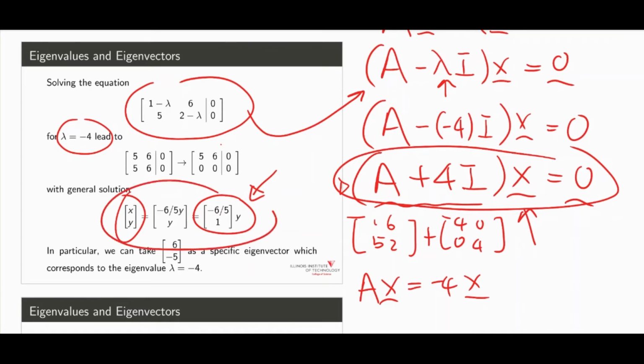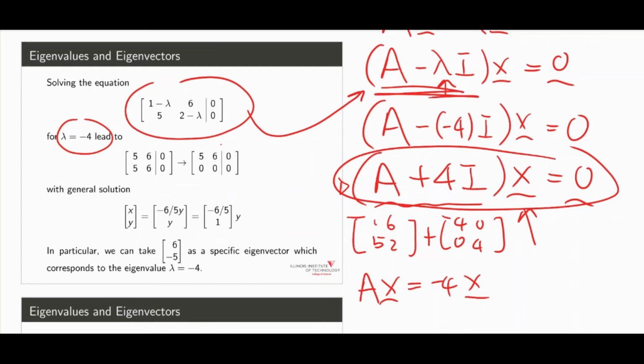As you can see, there are infinitely many solutions here. And this is actually not a surprise because we want this matrix to be non-invertible. So we actually do have infinitely many solutions, but we only pick one eigenvector, and no one really likes fractions. So in order to get rid of fractions, I can choose my y here to be -5, for example.